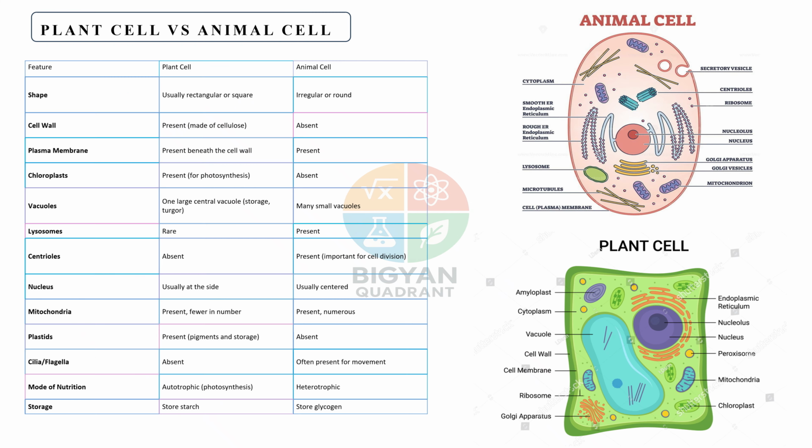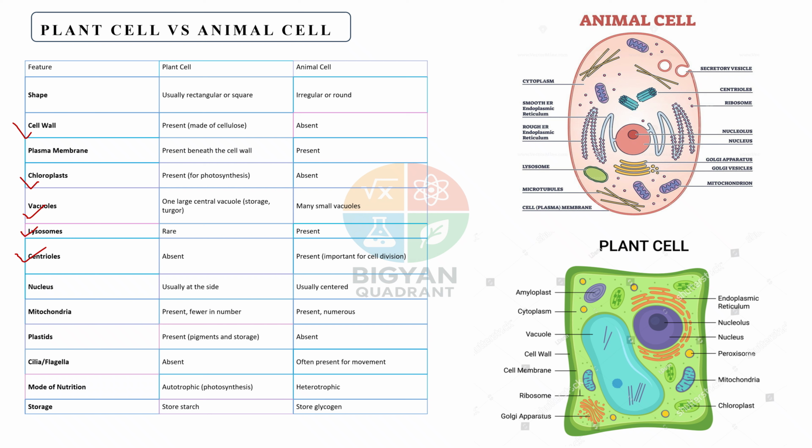Now next, the difference between the plant cell and the animal cell. Plant and animal cells share many organelles but differ in key ways. The plant cell has a cell wall, chloroplast and a large central vacuole, but the animal cell also has lysosome and centriole, which the plant cell doesn't have.